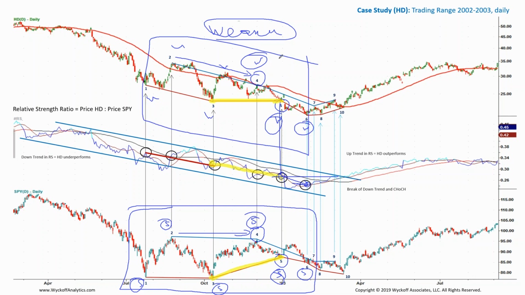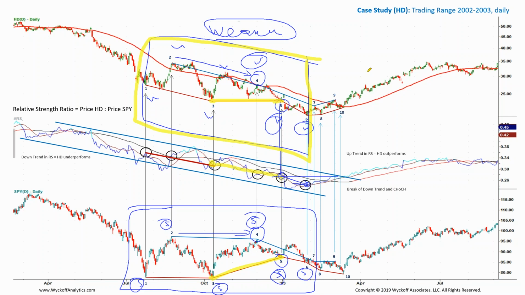But think about the comparative analysis that we've done in this area right here in this box. What does this comparative analysis suggest the institutions are doing? Are they buyers or sellers? It would appear they're sellers. Yeah, they're not buyers, right? So if they don't buy, what is the stock going to do?